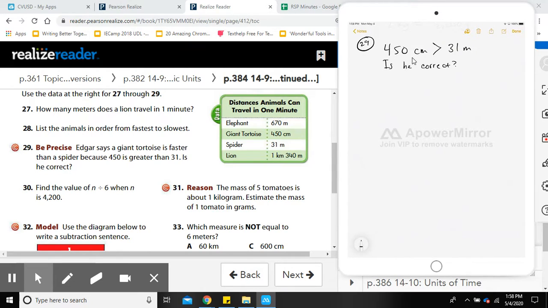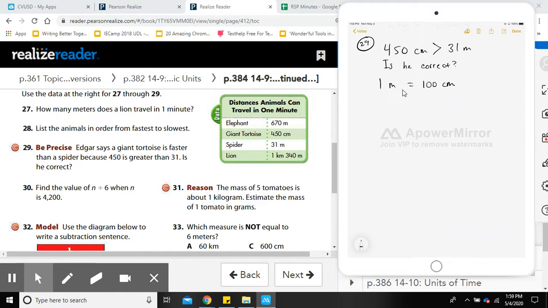Okay. So if we're working with centimeters and meters, I know that 1 meter is equal to 100 centimeters. And I know that because back on my chart of the conversions on lesson 14-9 in the very beginning, it shows me that.